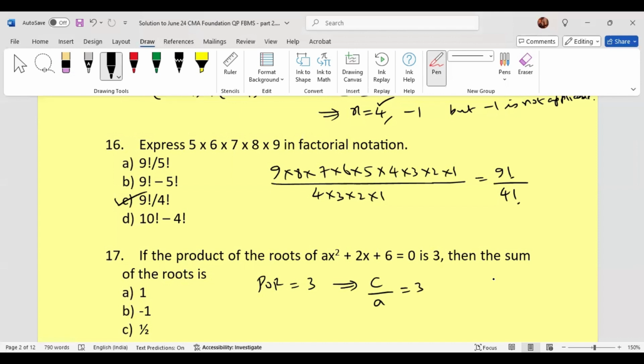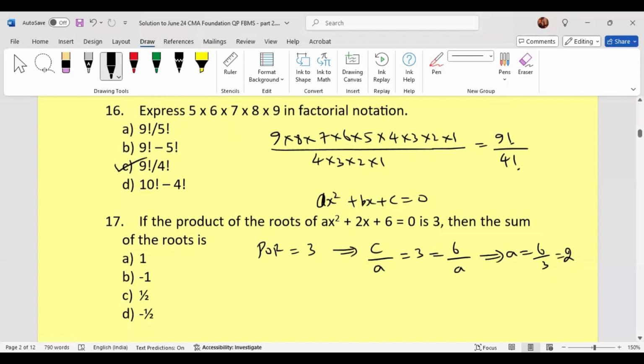Here this is our ax square, this is compared with bx, this is compared with C. So this C is nothing but 6 by A, which means our A is 6 by 3, which is 2. This is the A value. Sum of the roots will be minus B by A. Minus B means minus 2, by A means 2, which means negative 1. So option B.